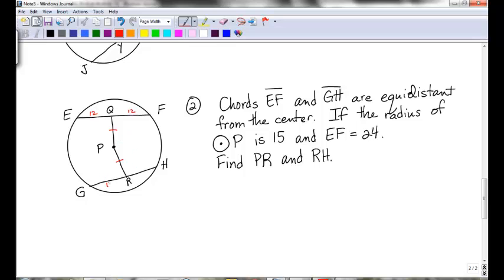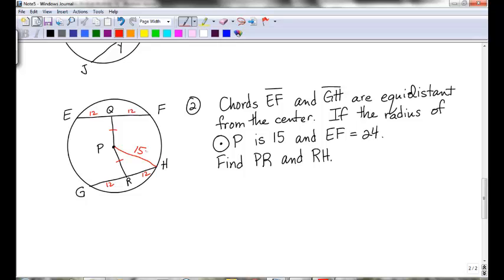And they're the same, so this is 12 and this is 12. Now, you have to use the radius. They want you to find PR and RH. Well, we already found RH, right? PR. What's the radius of the circle? So what's PH? 15. Draw it in.